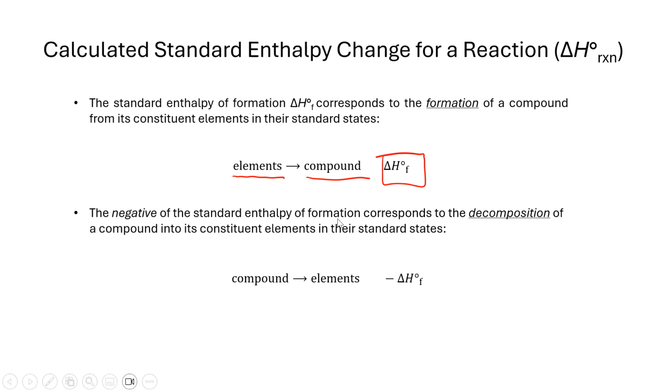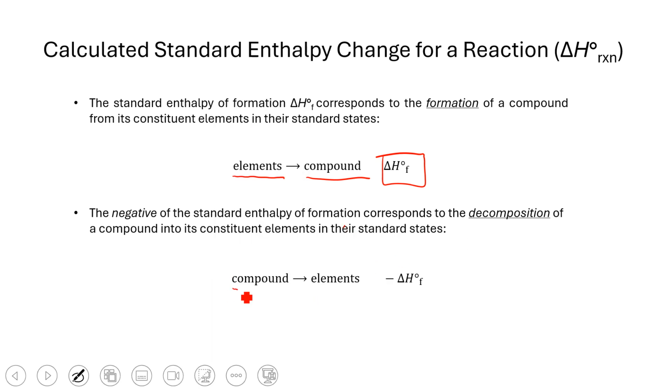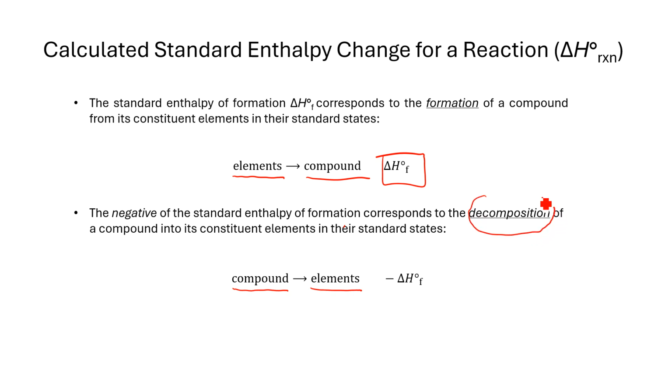Realize that the negative of the standard enthalpy of formation corresponds to the decomposition of a compound into its constituent elements. So what does that mean? If we're going to go from a compound to its constituent elements, we're basically going to decompose a compound into constituent elements. It's basically the reverse process of forming it, right?